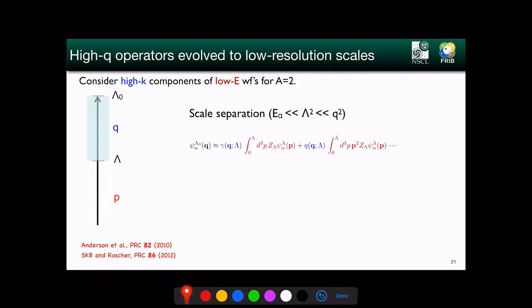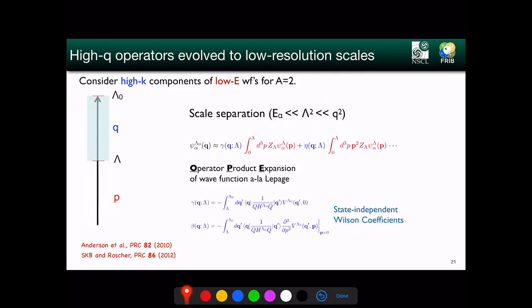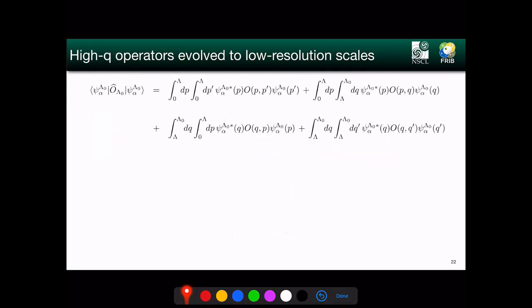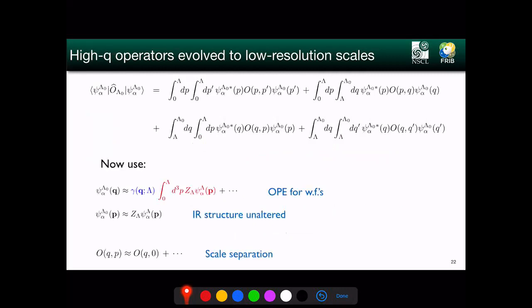You can show that the high momentum components of the high resolution theory wave function obey these types of factorized contributions, where the key thing is the terms in blue encode all the hard state independent high momentum physics, and the terms in red are low momentum objects, and they encode all of the state dependence. So this is really analogous to the operator product expansion applied to a non-relativistic system.